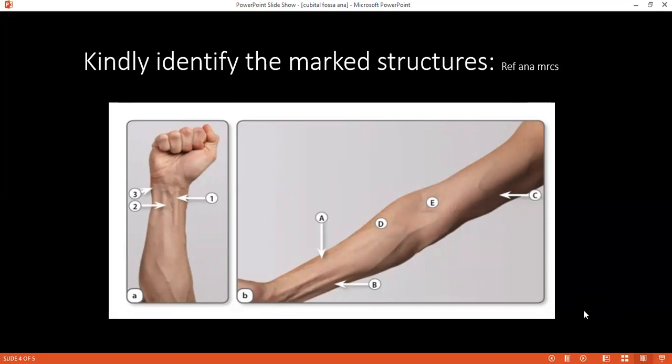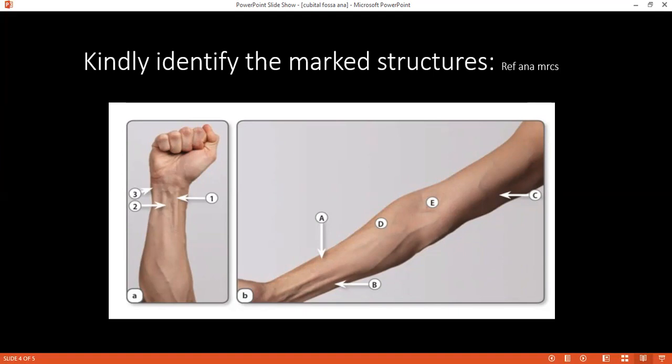And loss of sensation over the dorsal three and a half fingers and two thirds of the dorsal hand, and it depends on the level.